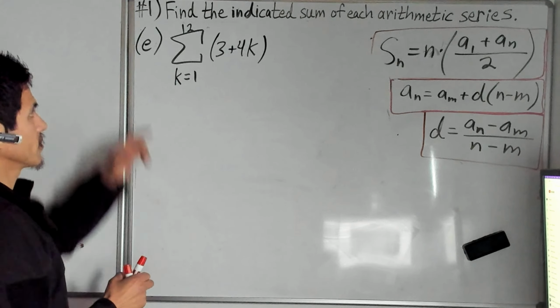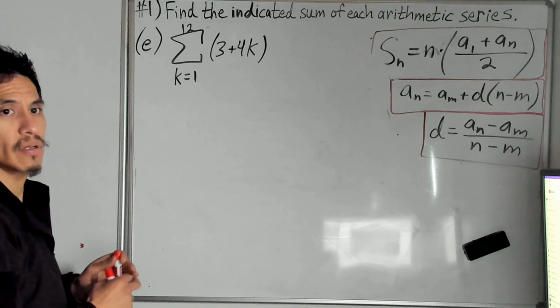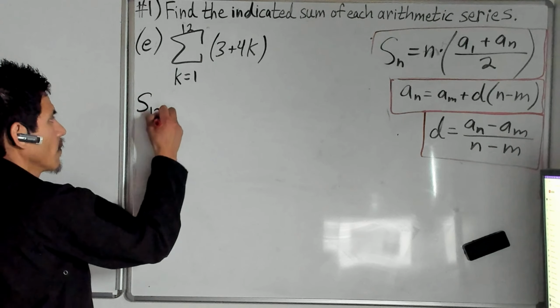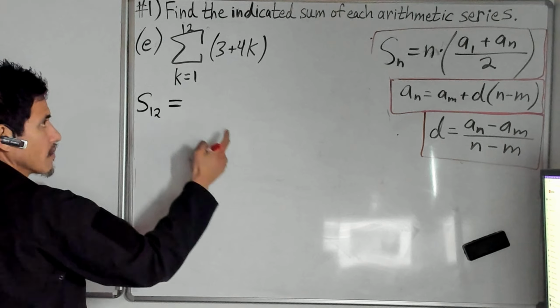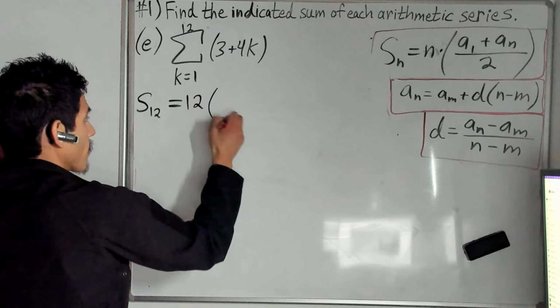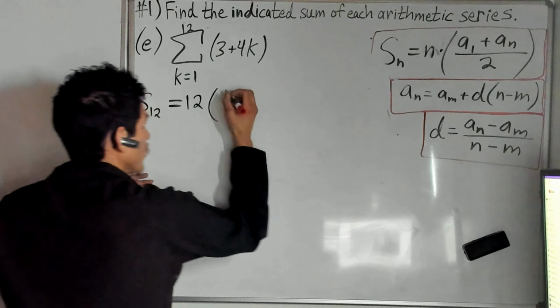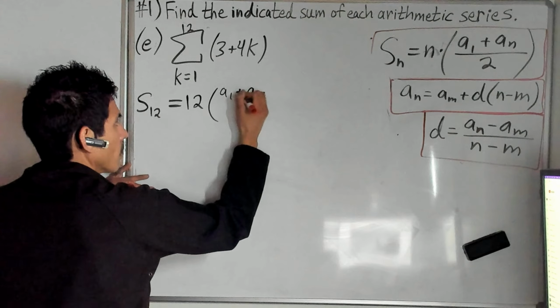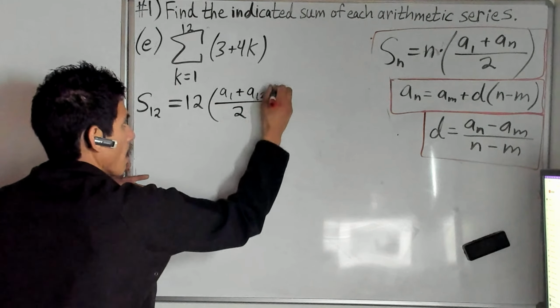So we want to find the sum of the first 12 terms. So we want to find S12. See if I can space it out nicely. So it'll be 12 times A1 plus A12 over 2.